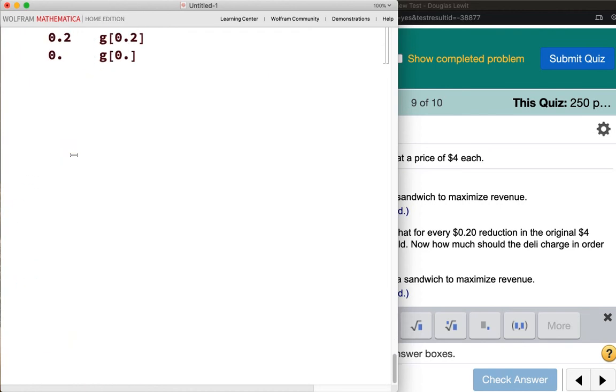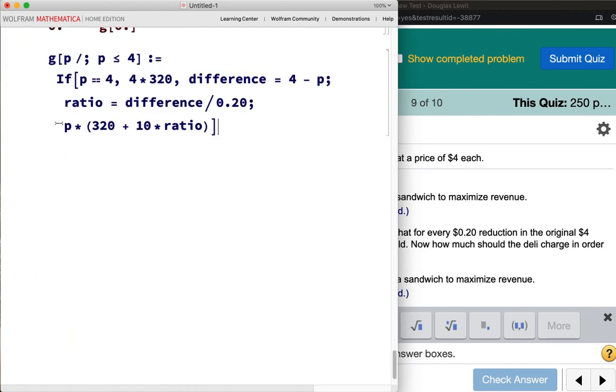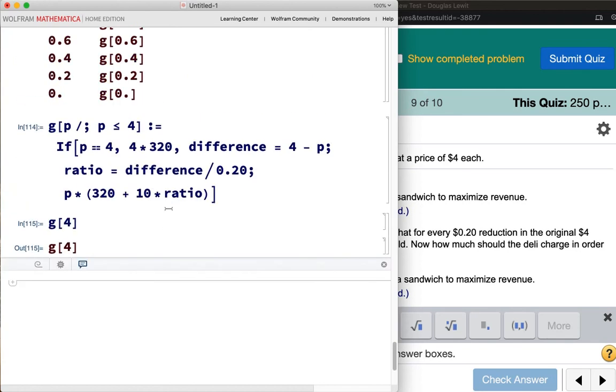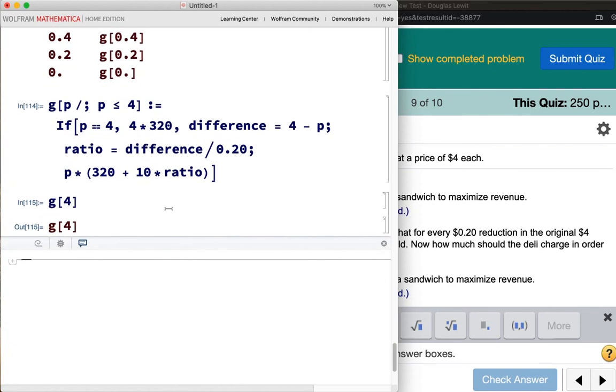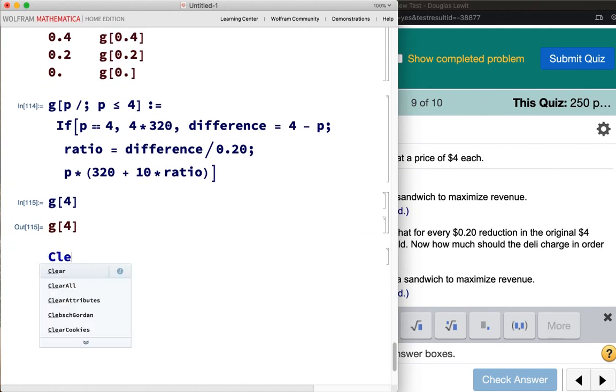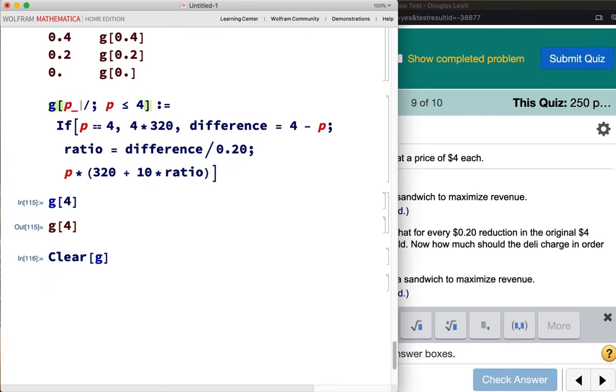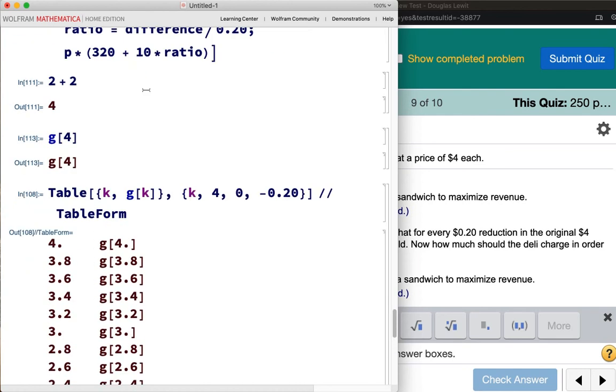Copy, paste. Okay, that is really, really weird. I don't understand why it's not evaluating it. 1 second. So g of p, oh, you know why, because there's no underscore here. Okay, so that was very bad.